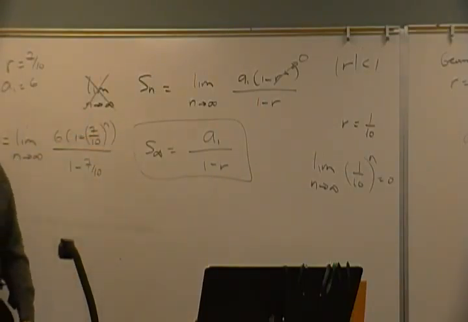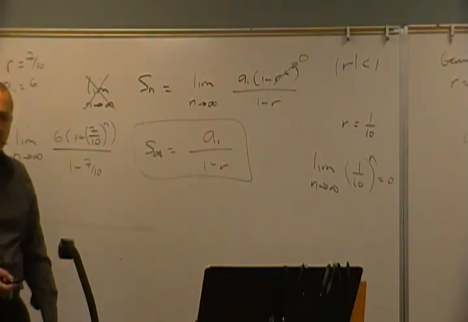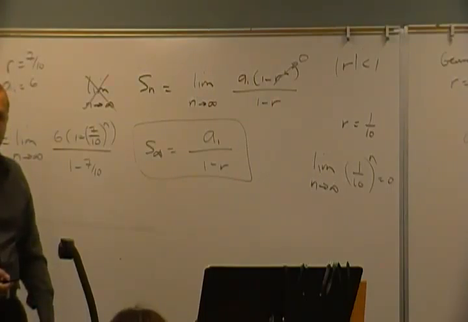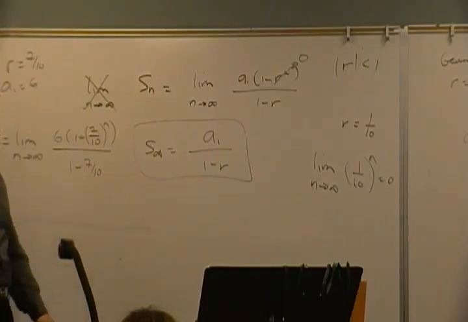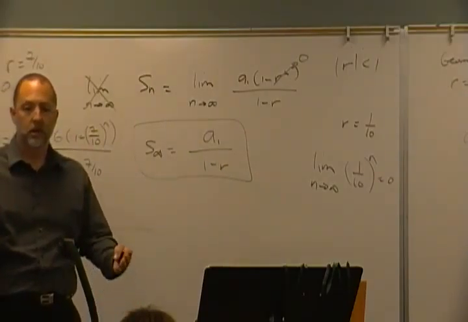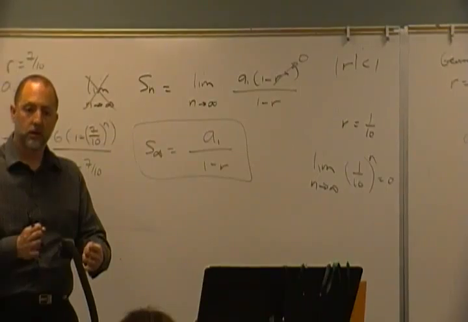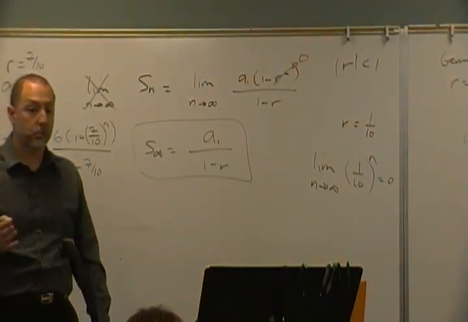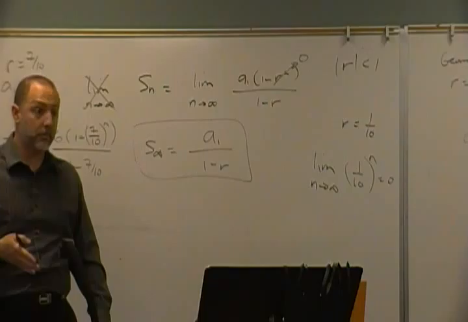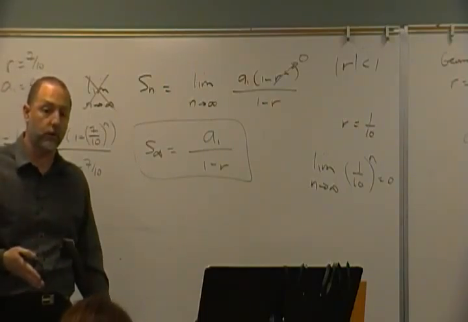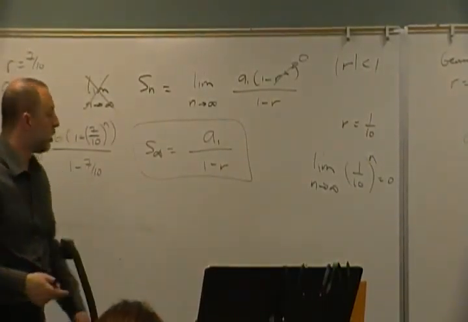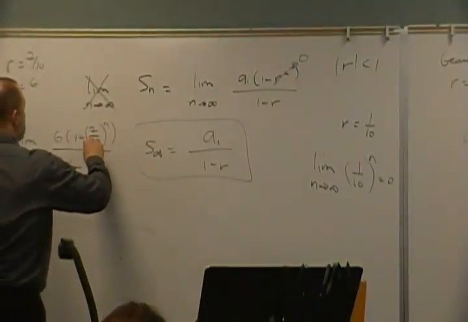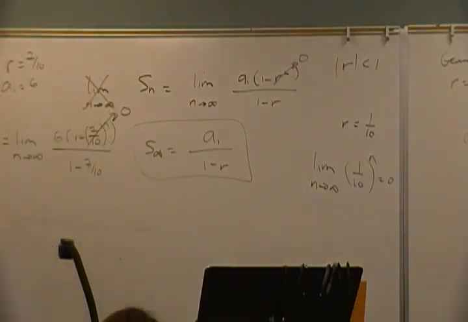What is 7/10 to the infinity? Zero. If I have a fraction, when I multiply two fractions together, what happens? The number gets smaller. 0.7 times 0.7 is 0.49. I multiply by 0.7, it gets smaller. It goes to 0.343. Keeps getting smaller and smaller, right? So as long as I have a fraction here, this term always goes to 0.